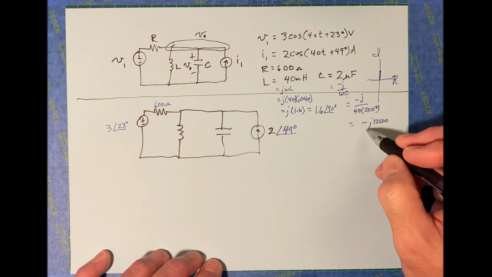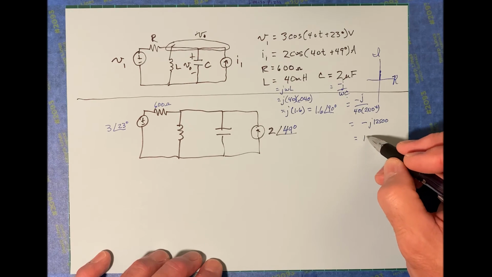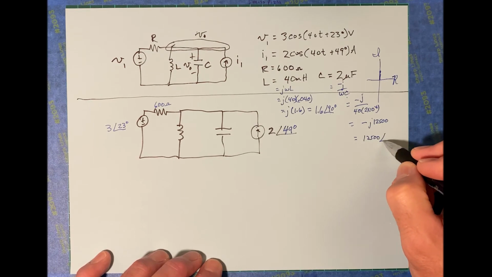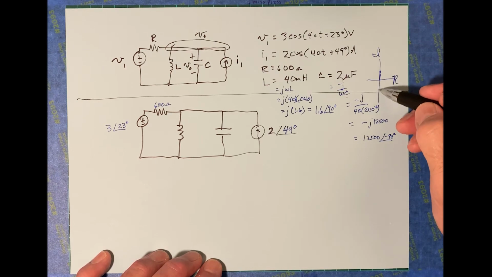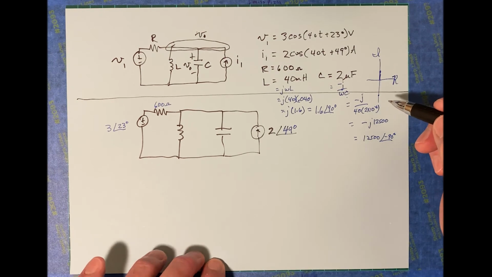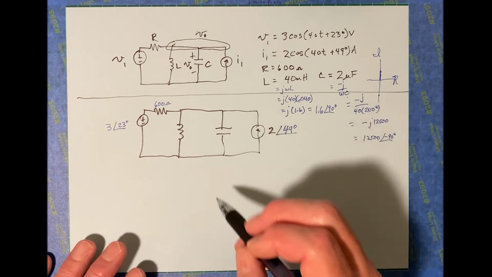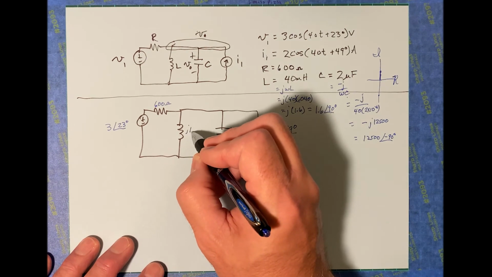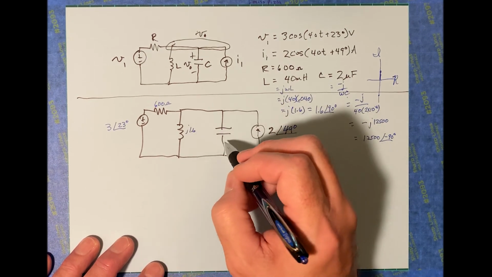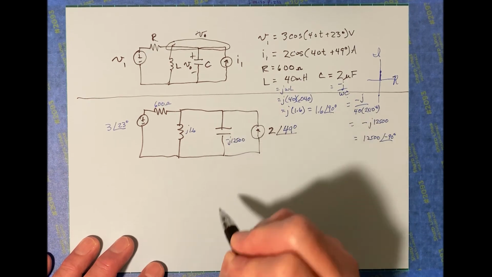And that's what it is in rectangular. If we convert that, that's going to be 12,500 angle negative 90 degrees, because it's down here, 12,500 along this negative J axis. So we've successfully converted all that. Let me write those over here. This is J times 1.6. This is negative J 12,500.